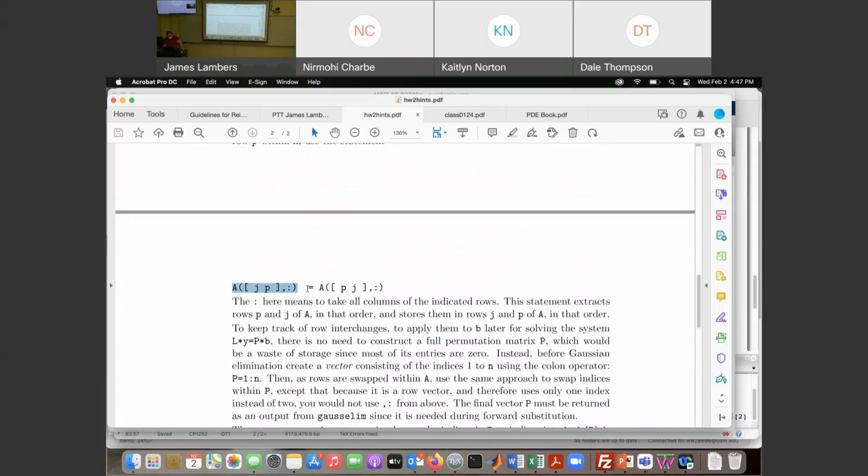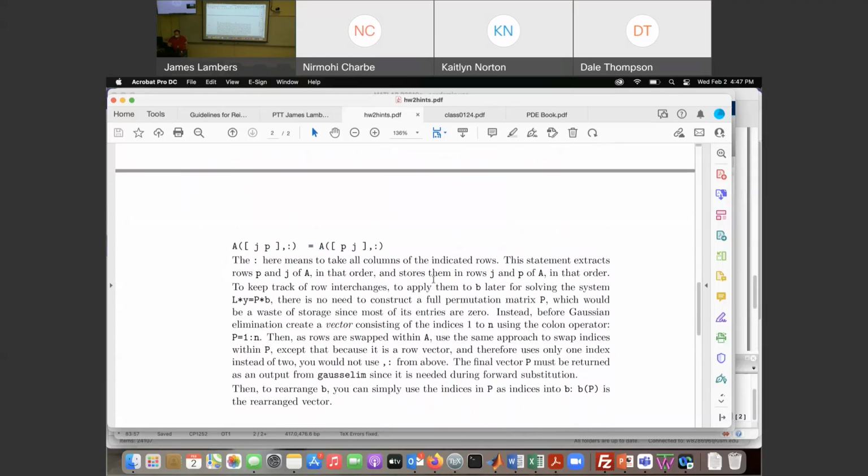I mentioned how to swap rows in a matrix, similar to swapping elements of a vector, and how to apply a permutation to a vector or matrix when this is not an explicit permutation matrix, but rather a vector of scrambled indices ranging from 1 to n.